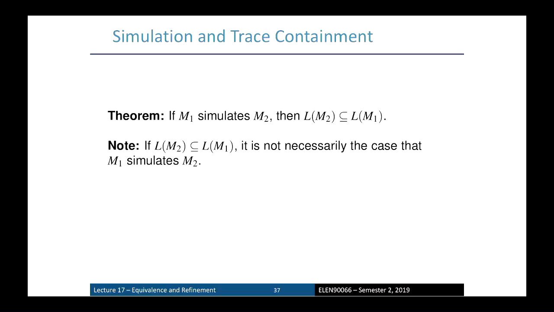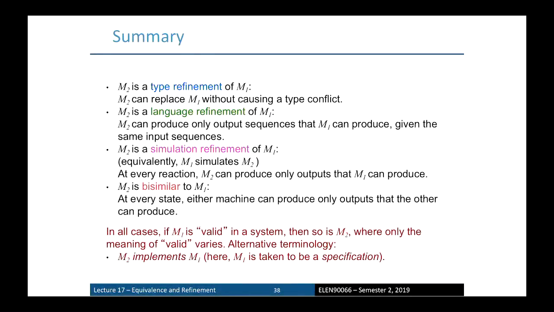All right, here's a handy summary of everything from today's lecture about equivalence and refinements. Each bullet point defines type, language, simulation and bisimulation, and gives the definition underneath.